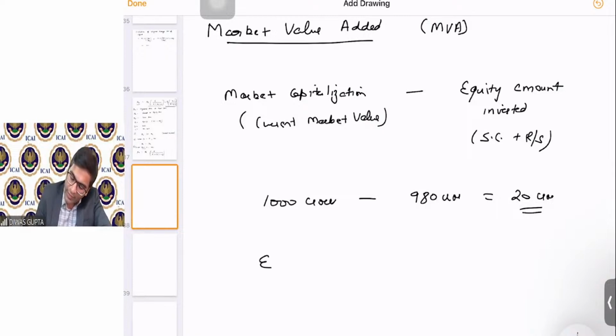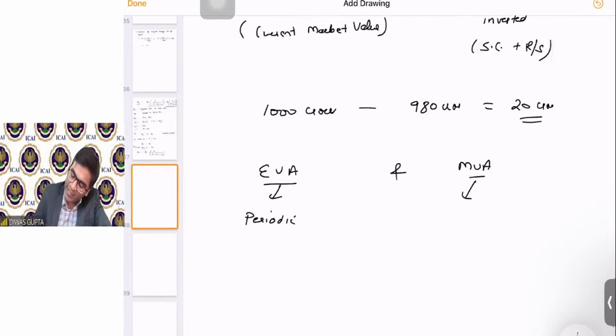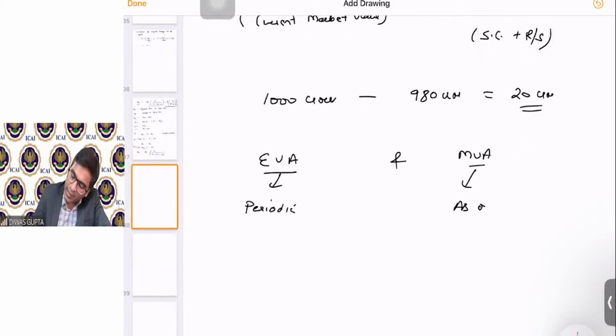Now a fundamental difference between EVA and MVA is what? EVA is actually the periodic comparison, okay. And MVA is an as on date comparison. Correct. As on date, what is the market value? As on date, what are the equity shareholders funds?